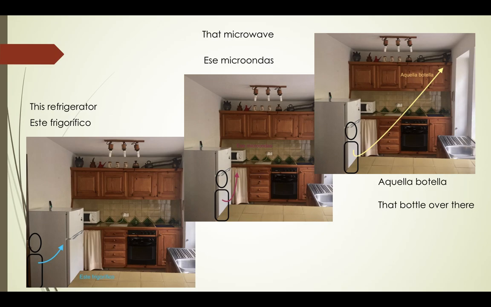So it's definitely out of reach, but relatively close. Ese microondas. And microondas is masculine, so that's why we are using ese. Y botella, so aquella botella would be that bottle over there. It's definitely out of reach and it's the farthest object away.